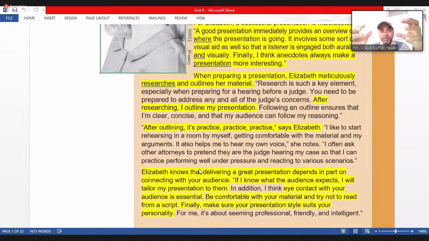And body movement also matters most in making the presentation effective. So never present yourself before the audiences in the posture of a statue. All of you have seen a statue. Is there any movement in a statue? No. No action is there.